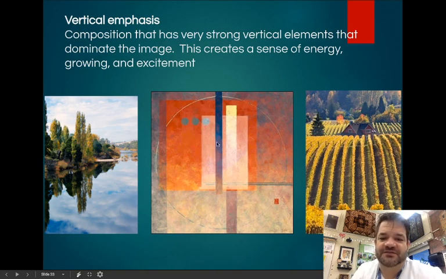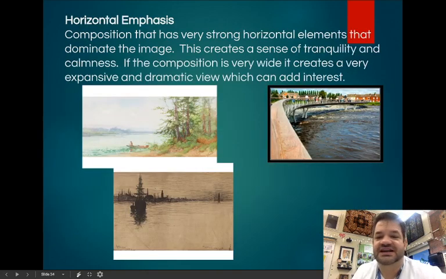Now, vertical emphasis is when a piece has you looking at it up and down. Okay. This again is a little more dramatic, versus this horizontal emphasis, which has your eyes going like this, and that makes it feel a little more stable. Okay.